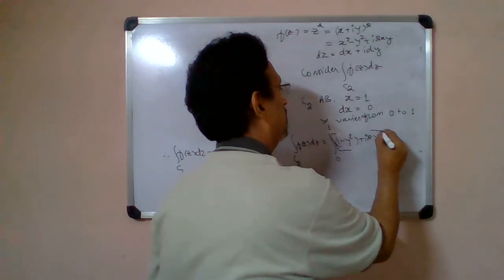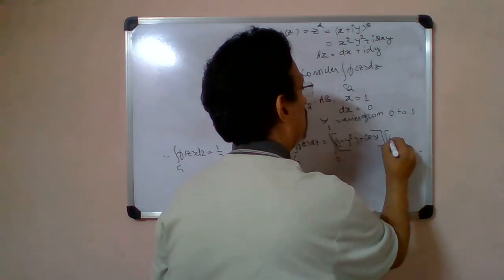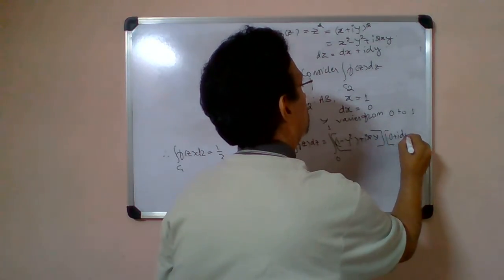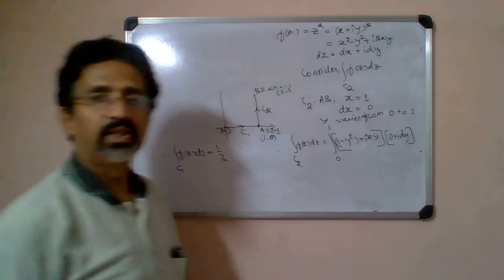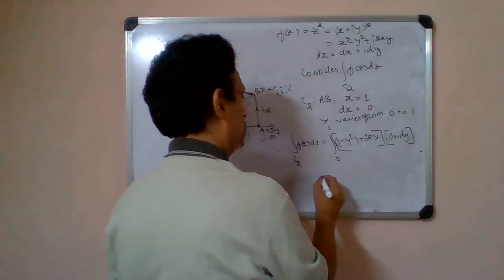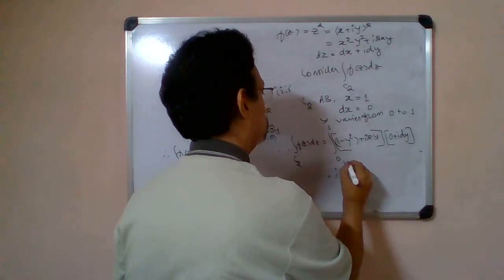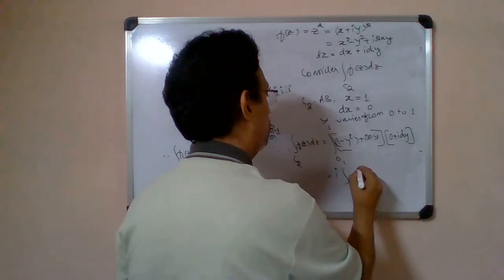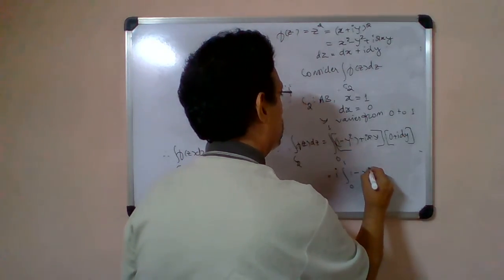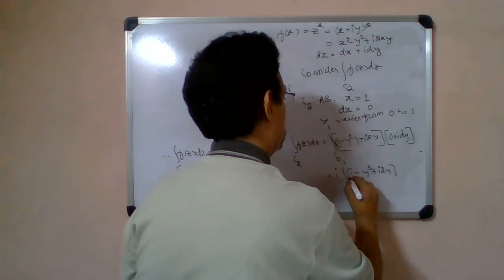So this dz is 0 plus i times dy. Therefore, this will be equal to i times the integration from 0 to 1, because i is constant here, of 1 minus y squared plus i times 2y, dy.